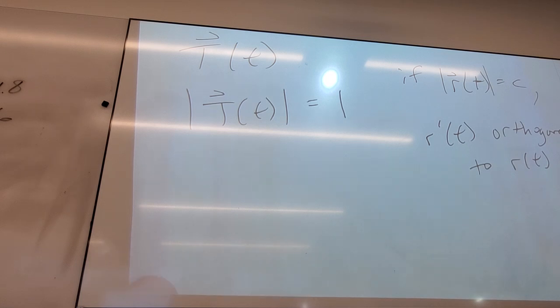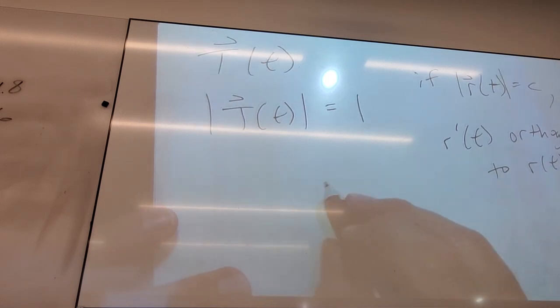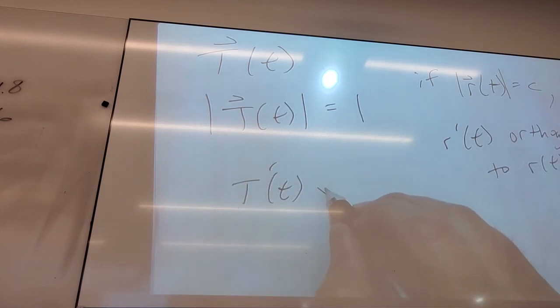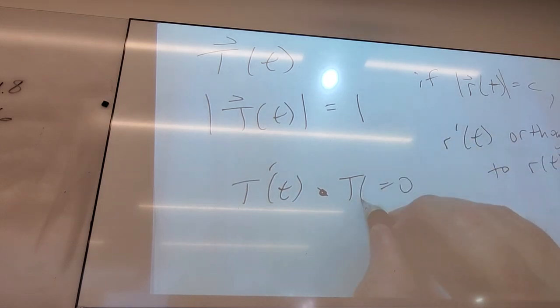What that leads to is T prime dotted with T is 0 in this case.